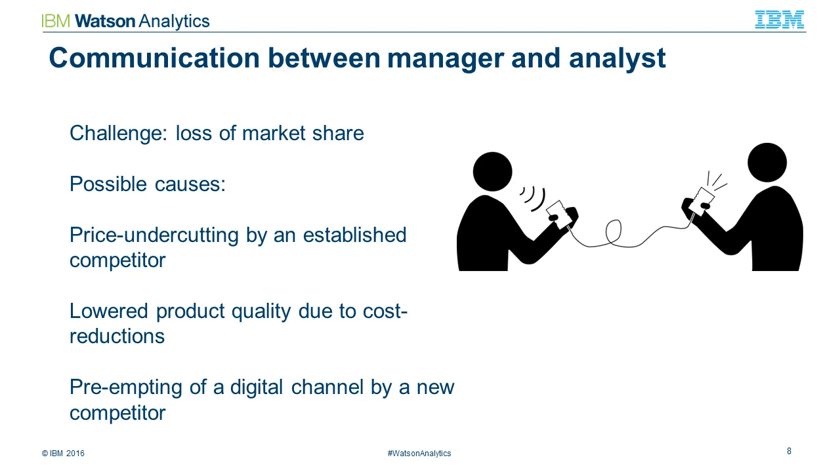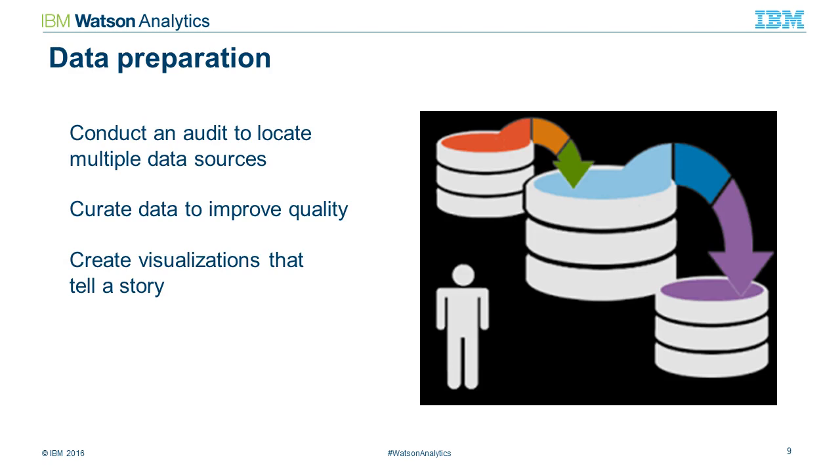Or we could be facing a situation where we have a new competitor who's using a new channel to reach our customers. So there are various possibilities here, and a good starting point for examining all these possibilities is to fall back on all the different sources of data we have.